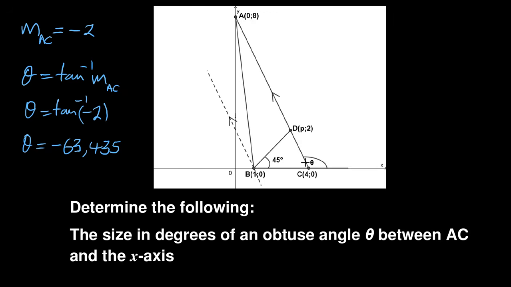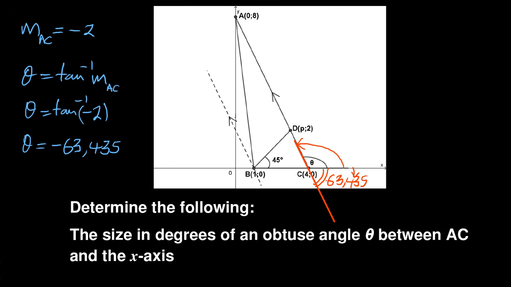The negative angle that you just got, if I draw this line continuing like that, is this particular angle, which becomes your 63.435. The negative sign tells you that it is below the x-axis. That's why it's negative. Now you need to find the one that is above the x-axis.